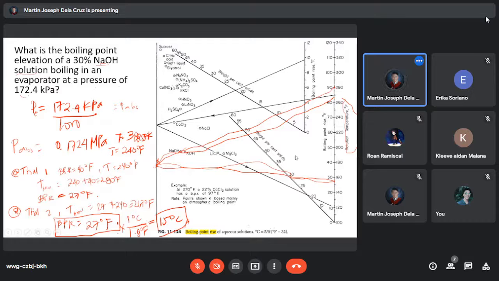So, first, yung T-new natin, add mo yung boiling point rise na i-assume mo at saka yung temperature ng given. Tapos, i-connect natin siya sa solution, kung anong solution siya, and then hanggang dito sa vertical line na to. And then, kung saan siya nag-end sa vertical line, yun ang gagawin mong reference to connect it with the concentration na 30%. And then, yun. So, mga ganun, class, no? At saka hindi naman ata bago sa inyo 'to, na natakal niyo na 'to sa thermodynamics.